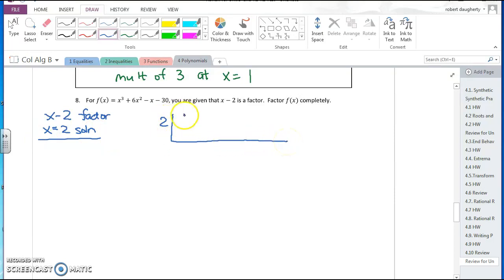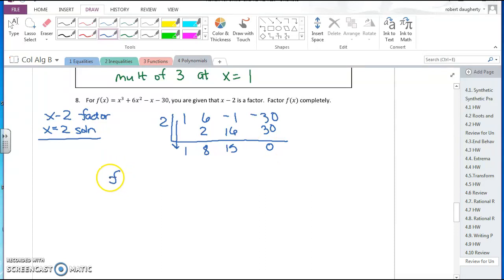So I'm going to have x cubed plus 6x squared minus x minus 30. If I bring that 1 down, 1 times 2 is 2, I get an 8. 2 times 8 is 16, add that to get 15. 2 times 15 is 30, so I have a 0 remainder, okay?